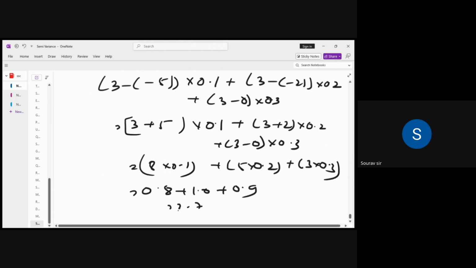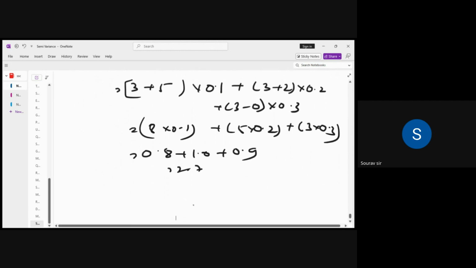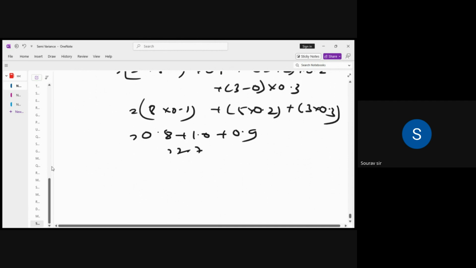So this is 2.7. My expected shortfall is 2.7%, the average loss beyond that level.